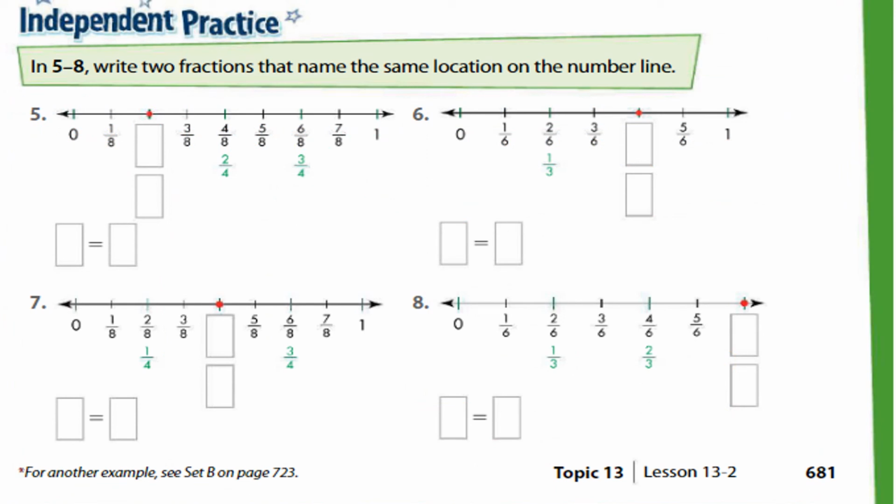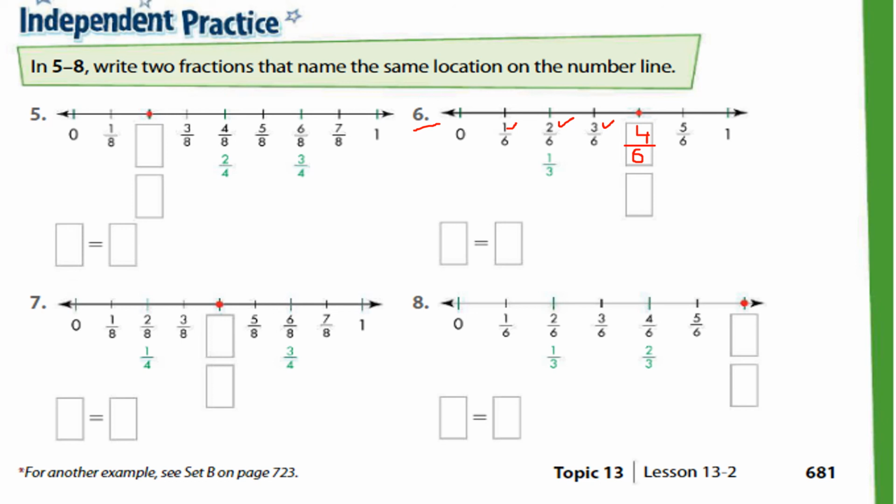In questions 5 to 8, they are almost the same as the questions we did above. So let's do question 6. Okay, so this number line is divided into 6 equal parts. The fraction for the first part, second part, third part, and the fraction for the fourth part will be, very good, 4/6.